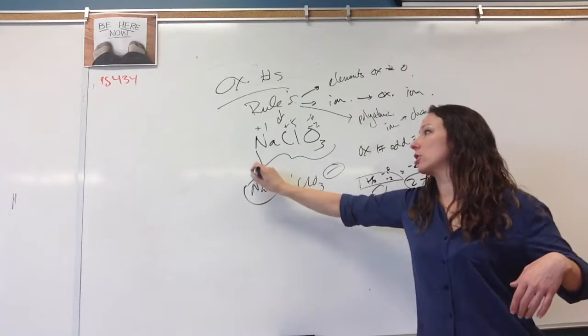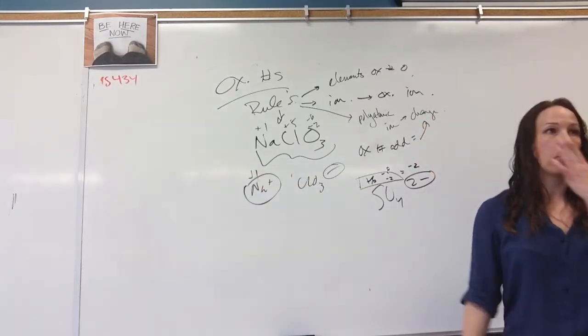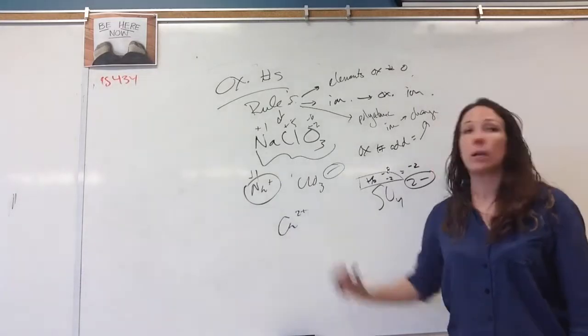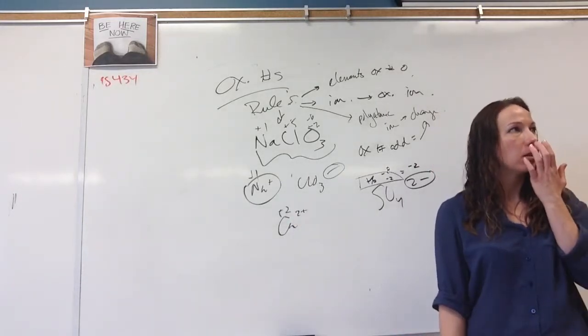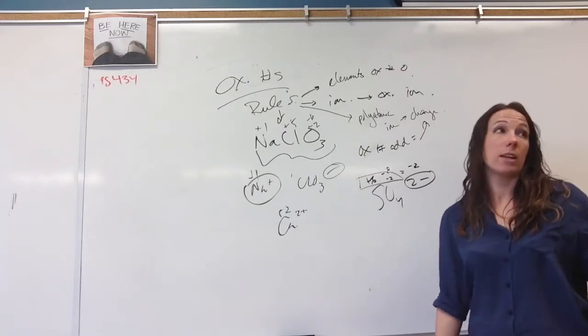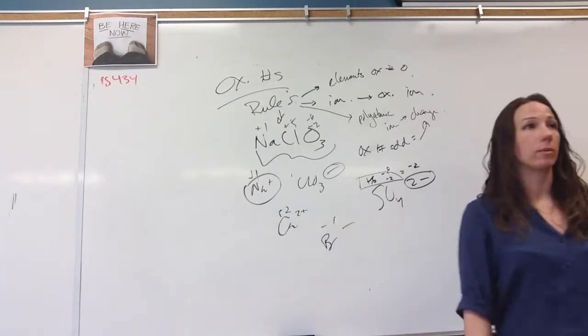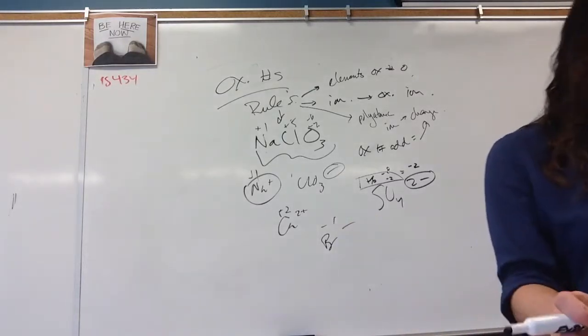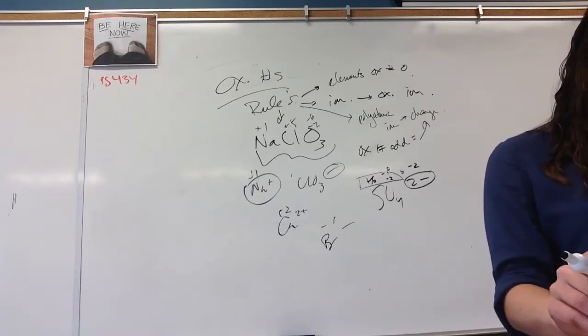So this one's oxidation number must be +1 because it has a charge of +1. Calcium is a 2 plus, so its oxidation number must be +2. Same with non-metals. Br minus must be -1. That's what I meant.